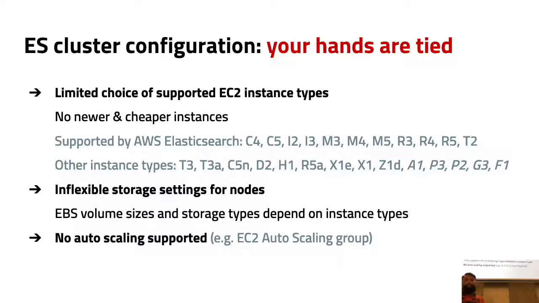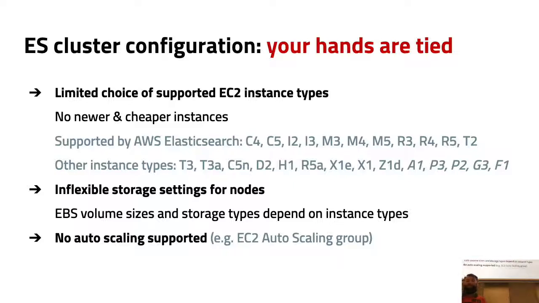For example, when you configure a cluster for Elasticsearch, you can choose from a smaller subset of instance types compared to what's available on AWS in general. Usually those you cannot use are the newer ones, which means cheaper and probably more efficient.